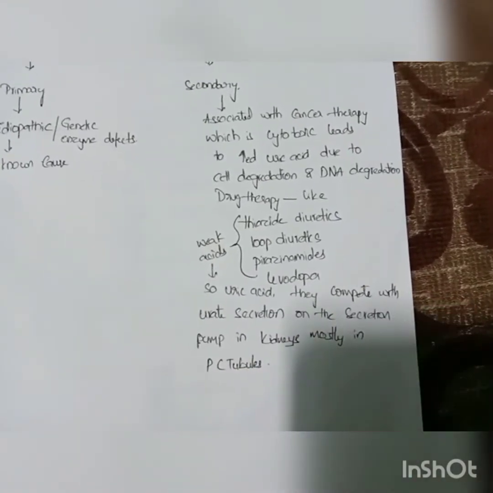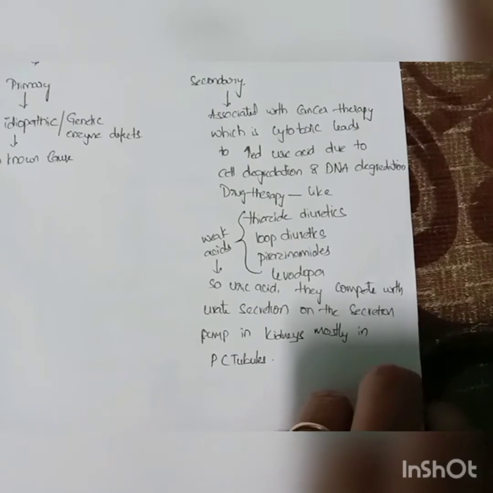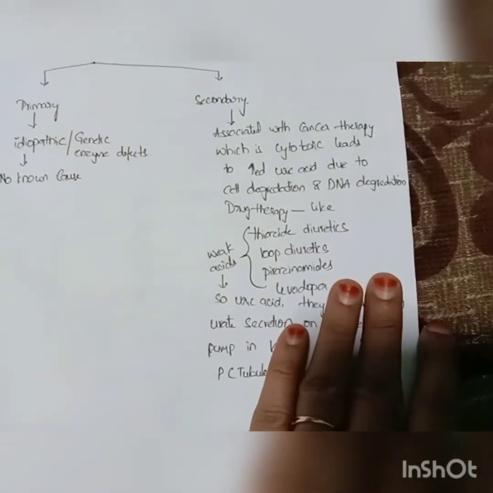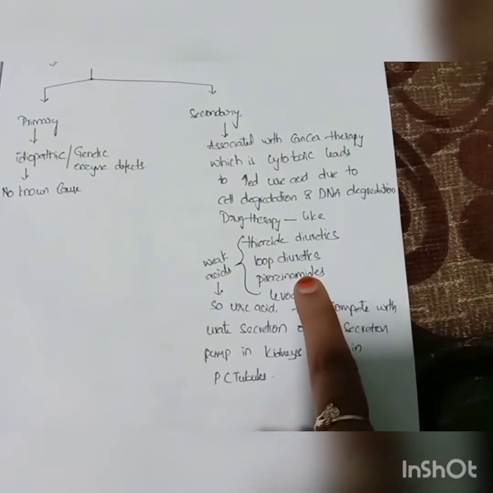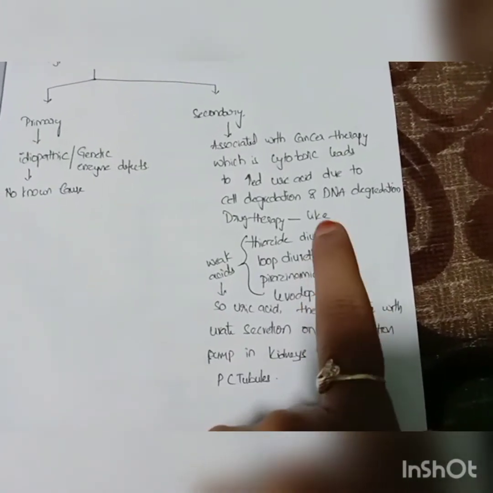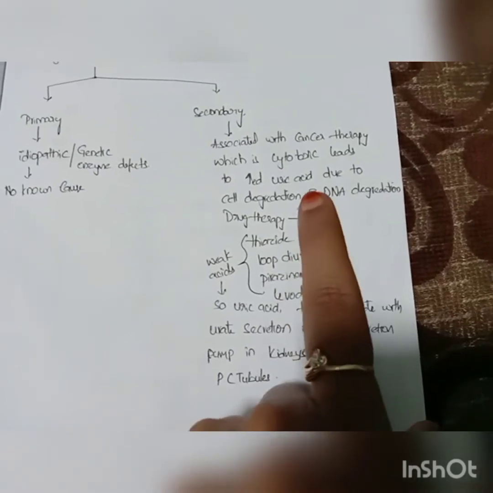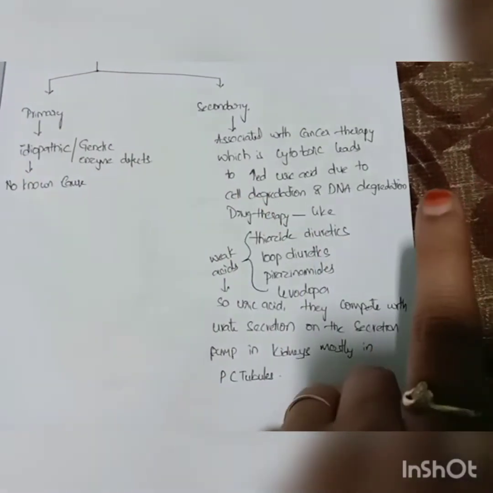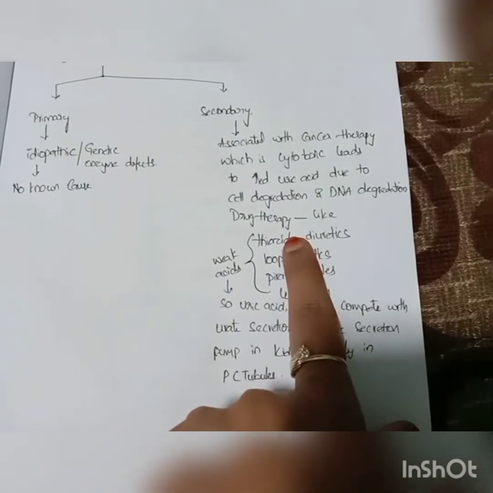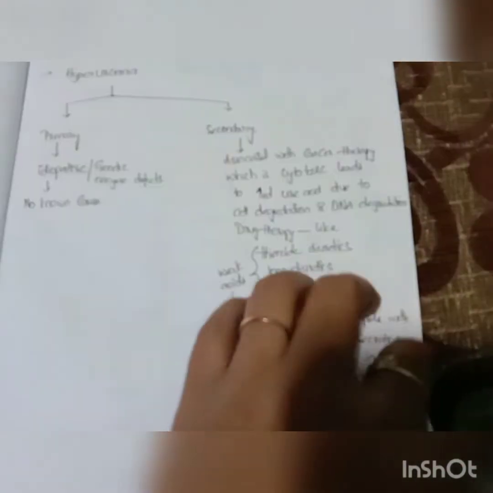That means it is not excreted in the urine and it remains in the blood. So drug therapy leads to increased uric acid levels in the plasma. This is the secondary type of hyperuricemia.